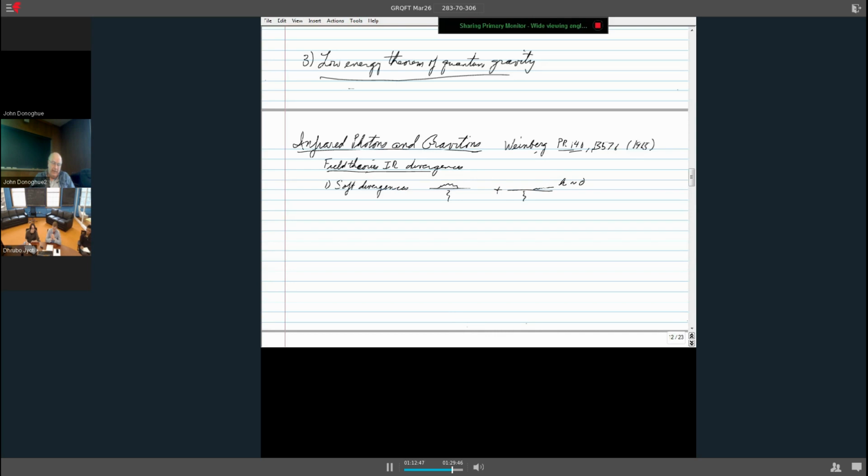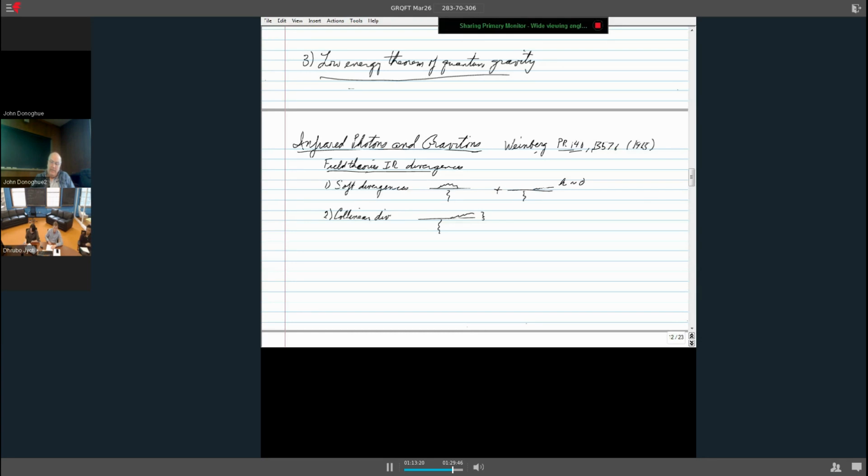This I have put on the site. It's Physical Review B576, 1965. It's a classic old paper on infrared properties, both of QED and of general relativity.